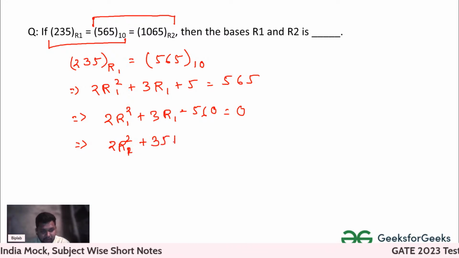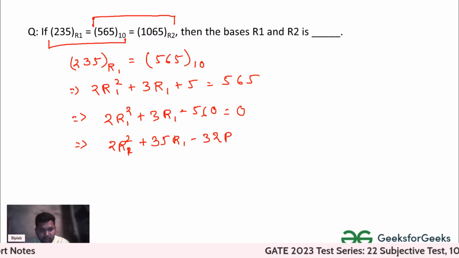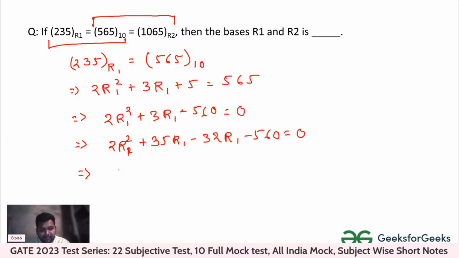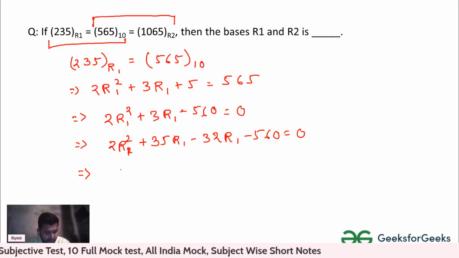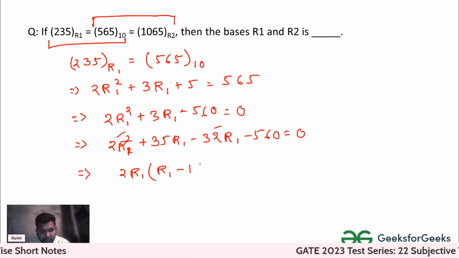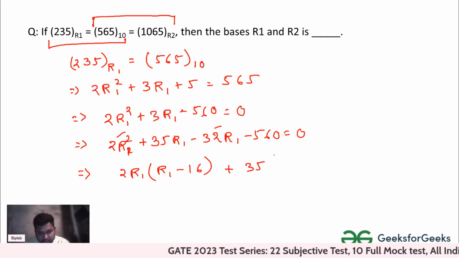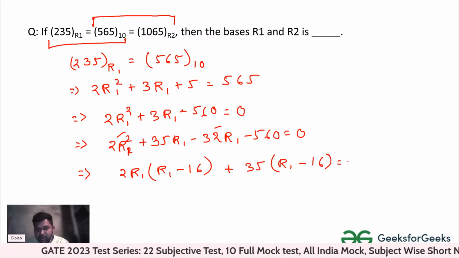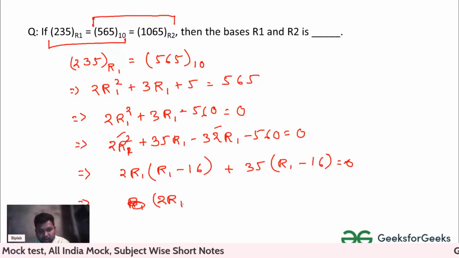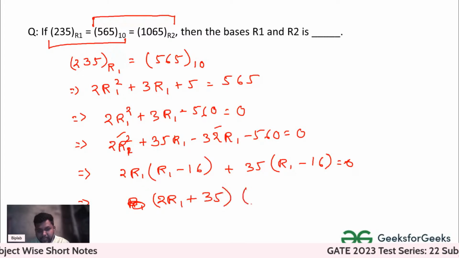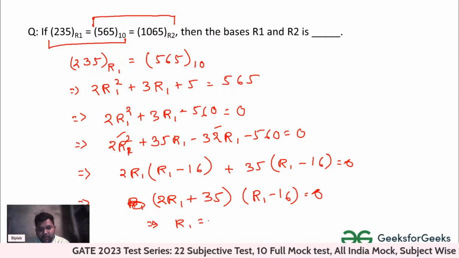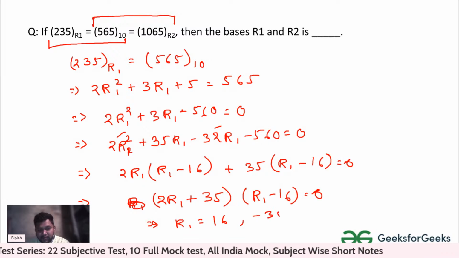So plus 35 r1 minus 32 r1 minus 560 equals 0. Take 2r1 common from the first two terms, so you get r1 minus 16, and take 35 common, you will again get r1 minus 16, which equals 0. Written in full form, that is 2r1 plus 35 times r1 minus 16 equals 0, which results in r1 equals 16 or minus 35 by 2.